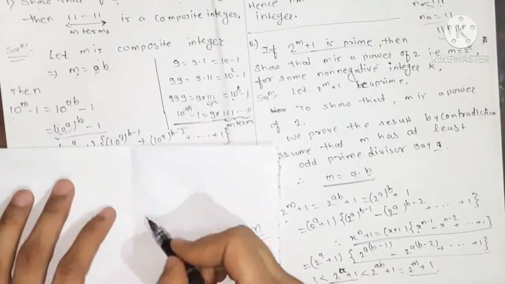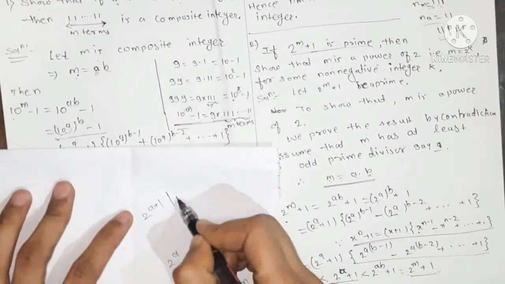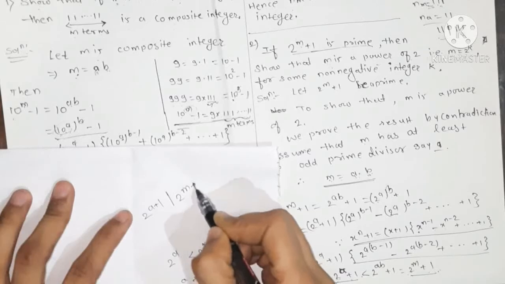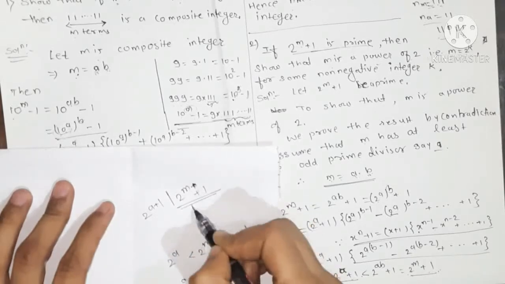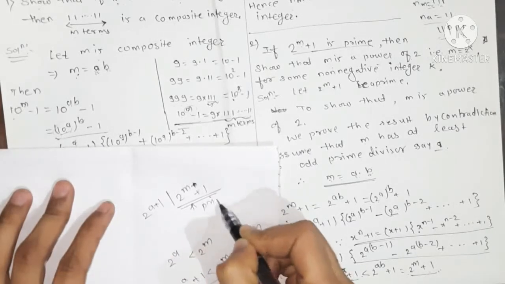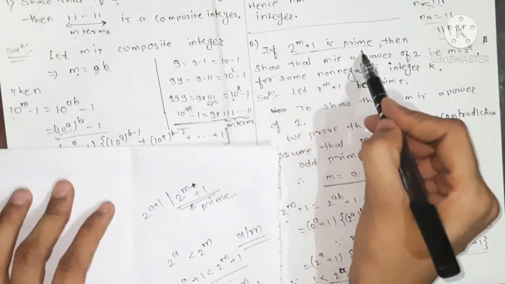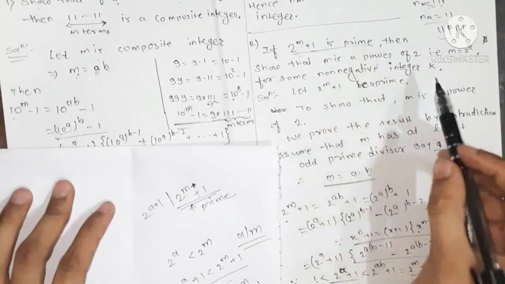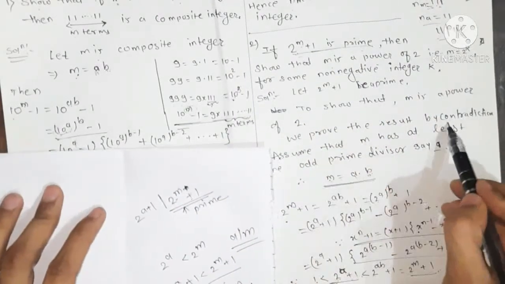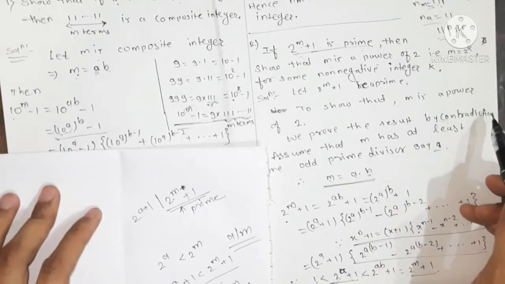And 2 to the power a plus 1 divides 2 to the power m plus 1, but this 2 to the power m plus 1 is our prime, given that this 2 to the power m plus 1 is our prime integer. Okay, so our contradiction is wrong.